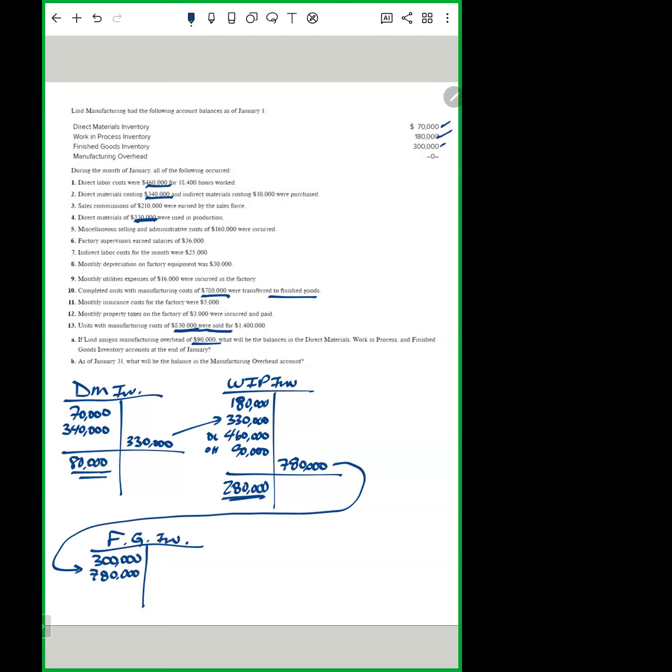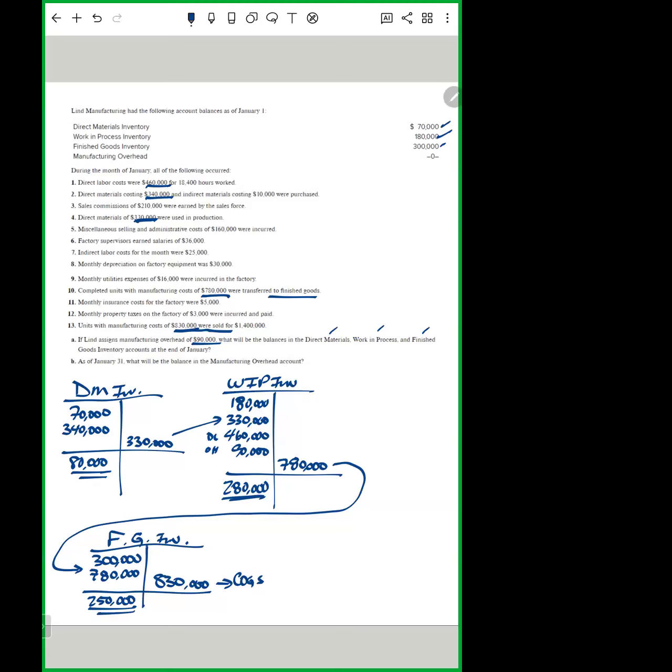So these 830 units, these were transferred out to cost of goods sold. So if I do that math, 300 plus the 780 minus the 830 will give me $250,000 is my ending balance in finished goods inventory. And that's what it asks for. Direct materials, work in process, and finished goods inventory.